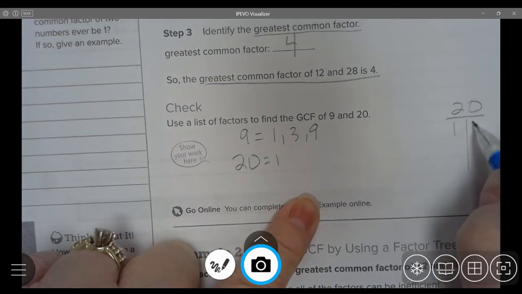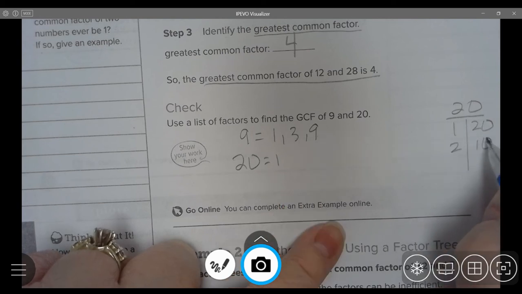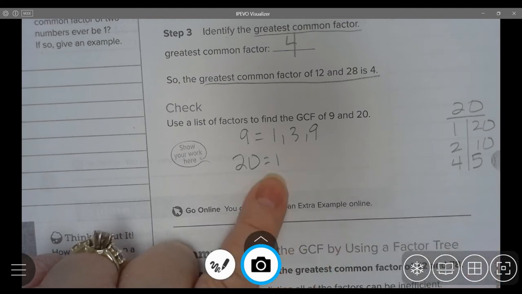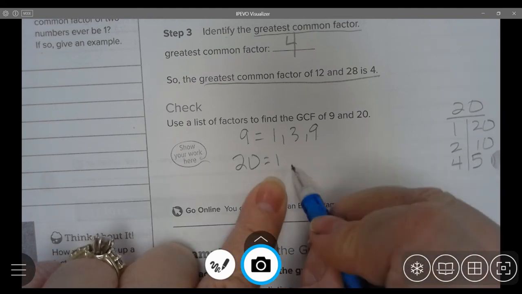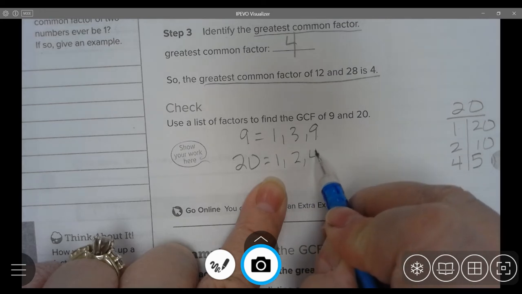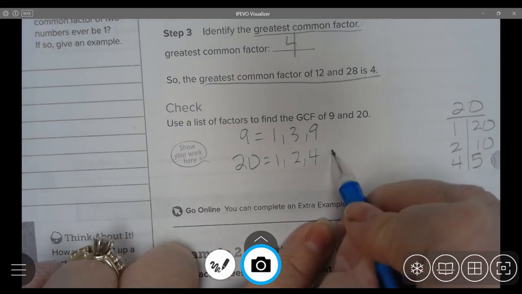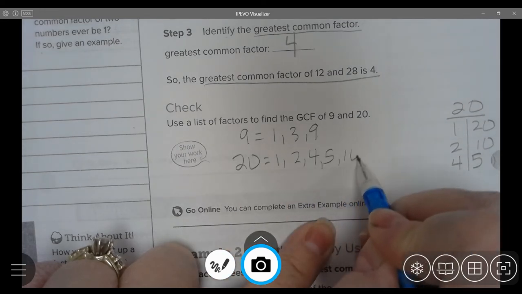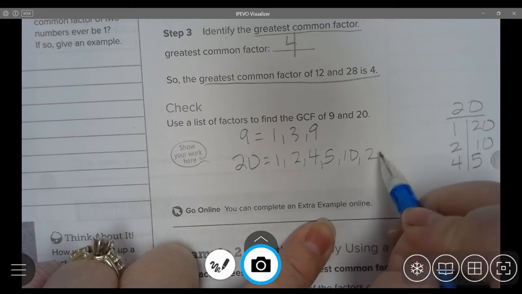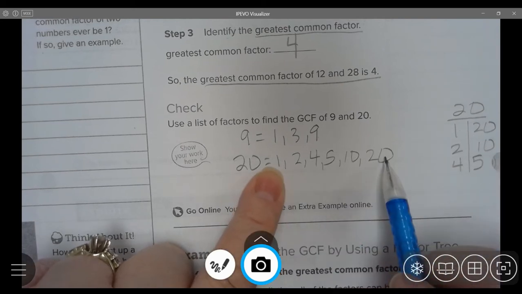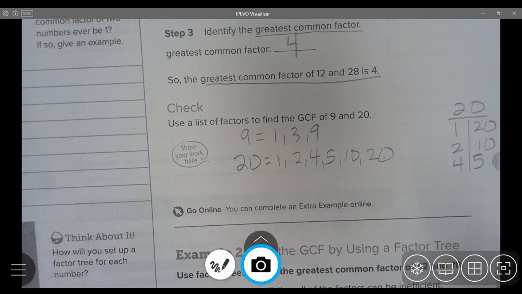So I have 1 and 20, 2 and 10, 4 and 5. So I would say 1, 2, 4, 5, 10, and 20. So 1 and 20, 2 and 10, 4 and 5.